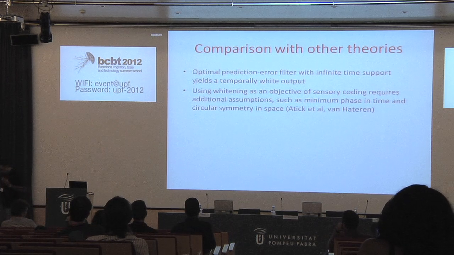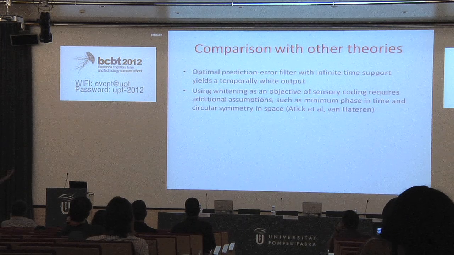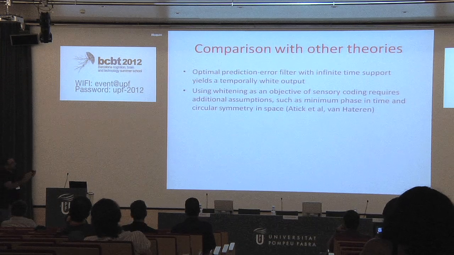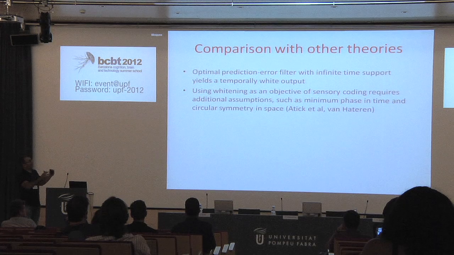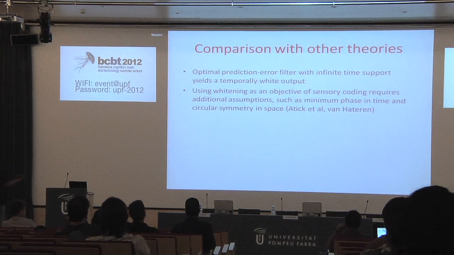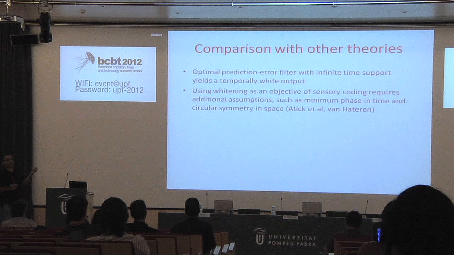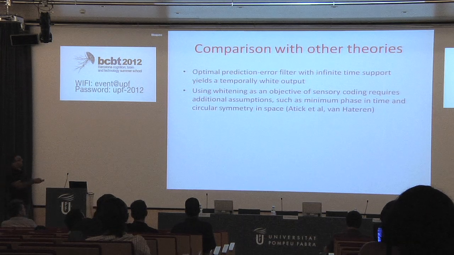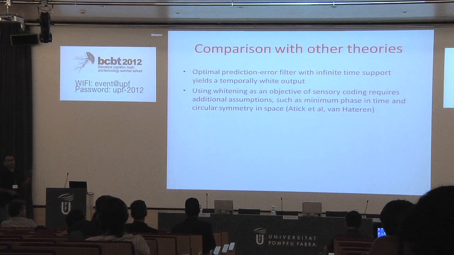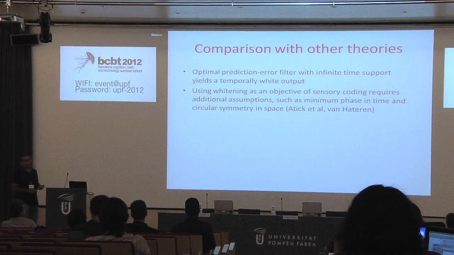But, well, actually, Atick moved from that objective of maximizing information transmission to just the whitening of the signal by the early visual system. So whitening was actually his objective. And this is actually then related to the predictive coding theory, because the optimal predictive filter whitens the signal.